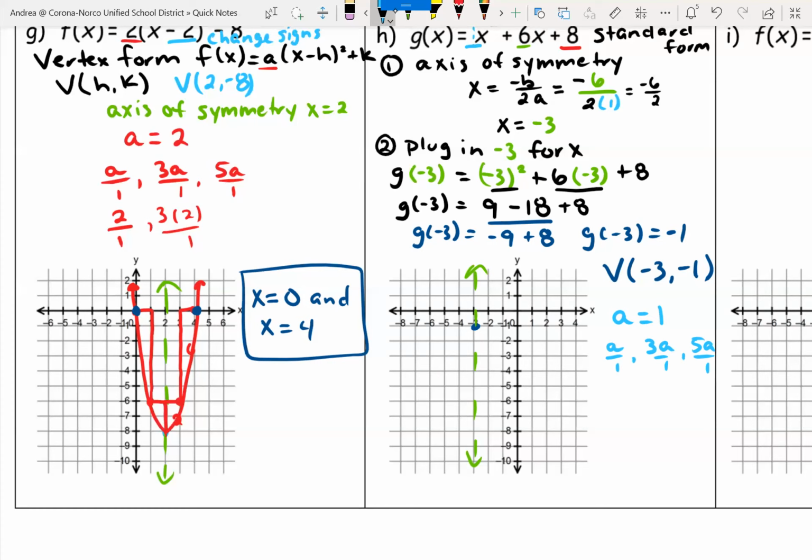Plug it in. So the first step is 1 over 1, up 1 to the right 1, up 1 to the left 1. Then the second is 3 times 1 over 1. So up 1, 2, 3 and over 1, up 1, 2, 3 and over 1. So this is my parabola.